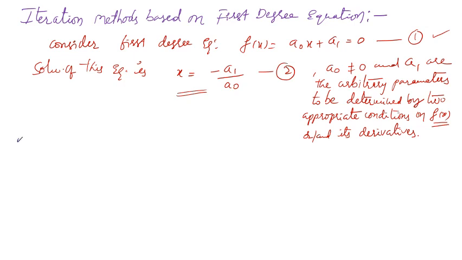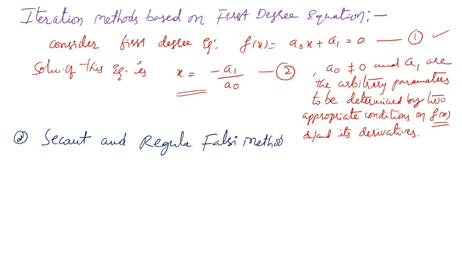The first one is what? Secant and regula falsi method. See, in these two methods we need two initial approximations.